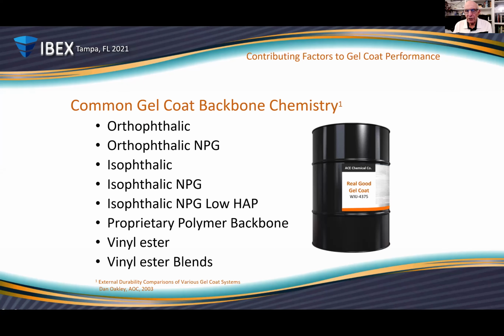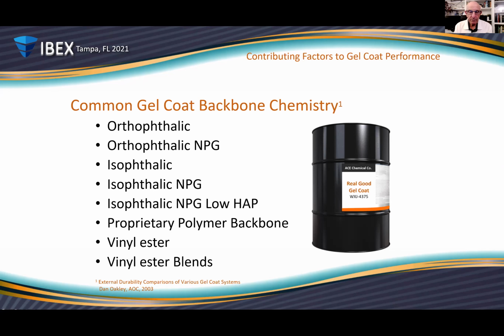Okay. So there's common backbone chemistries that are used for gel coats, from orthophthalic to orthophthalic NPG. We have isophthalic acid, isophthalic NPG gel coats, and then iso NPG, low HAP, low volatile content, which would be low amounts of styrene and/or MMA in the gel coat.